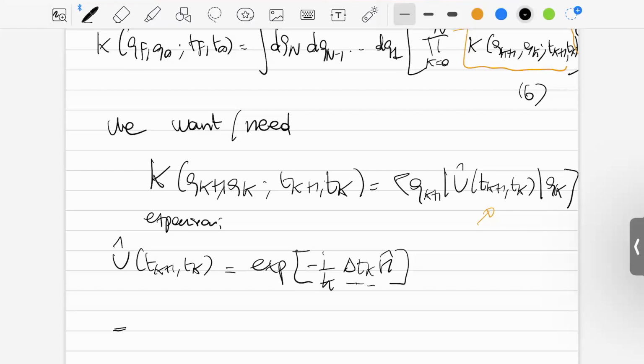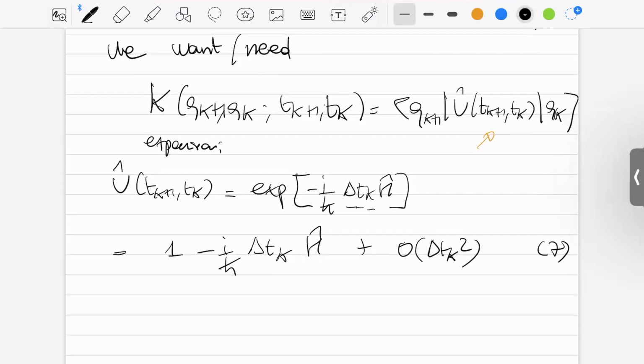We can write 1 minus i delta tk H, and then of course we would have terms with delta tk squared, but this is even smaller, so we can neglect that.